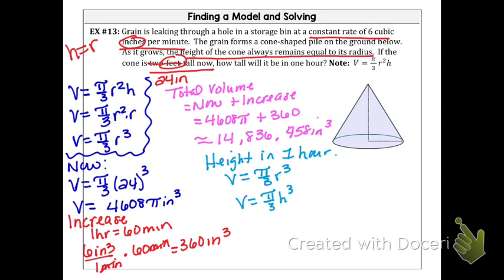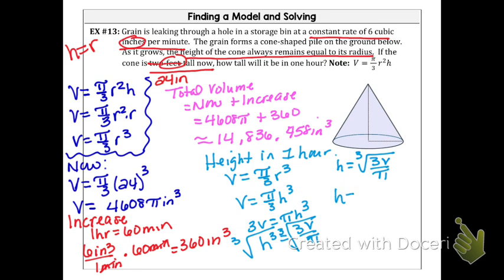I'm going to solve for h, so I'll multiply by 3 and divide by pi, so h cubed is equal to 3V divided by pi. Then to get rid of the cube, I'm going to take the cube root. So h is equal to the cube root of 3V over pi.